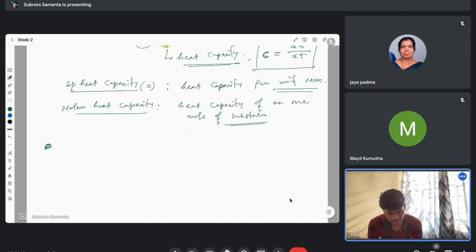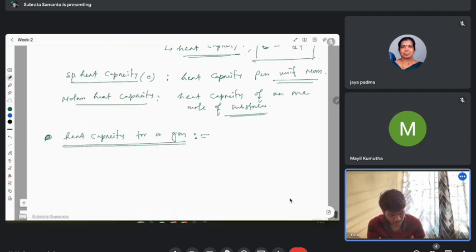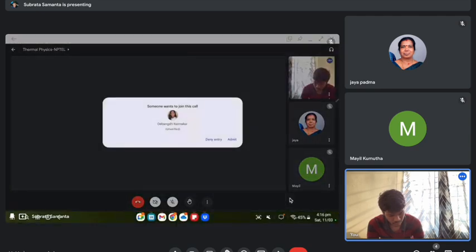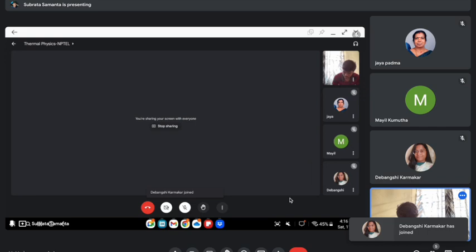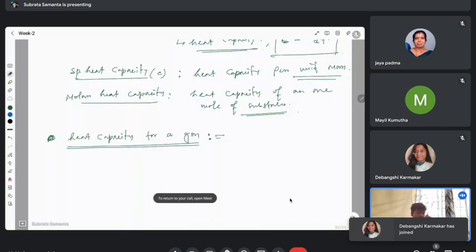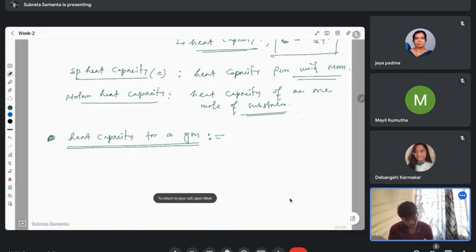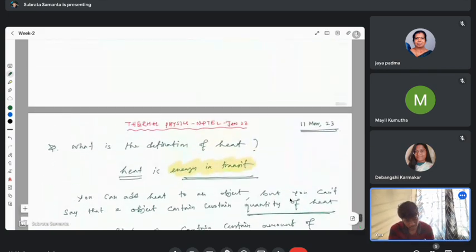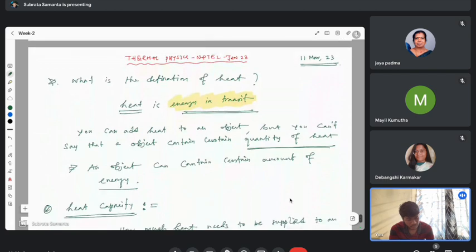So when we discuss the heat capacity for a gas, we just discussed the concept of heat.